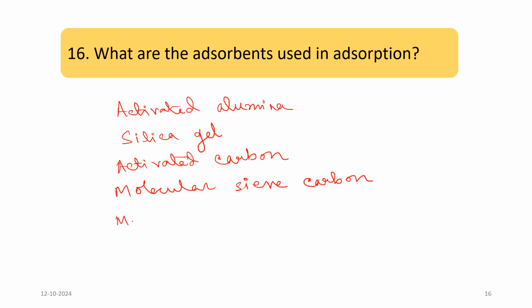Also there are polymers and resins. These are all used as the adsorbent.